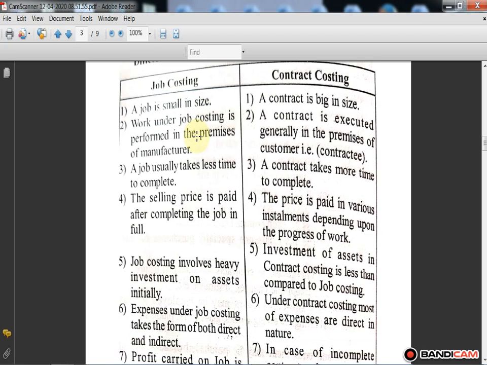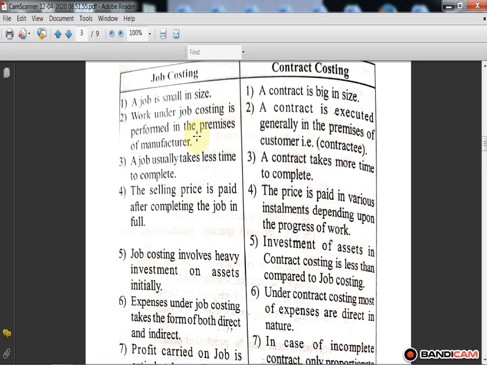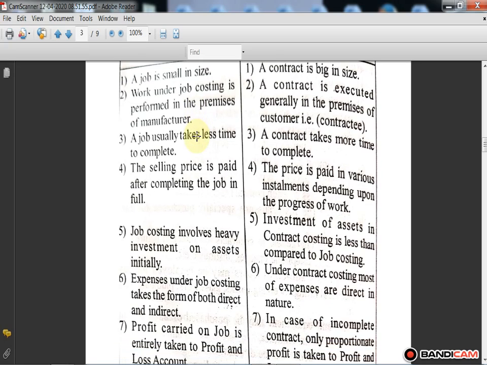Third point, a job usually takes less time to complete. A contract takes more time to complete. The duration of a contract is more than one accounting period, whereas in job costing, jobs usually take less time to complete.